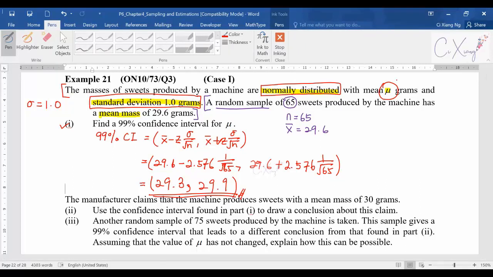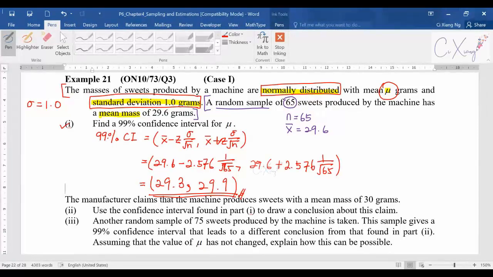Maybe mu can be 29.4 or whatever, which is between these two values. But is it 100% that the mean is between these two values? It is not. We are only 99% confident that the mean lies between these two values. So that's the meaning of the confidence interval.